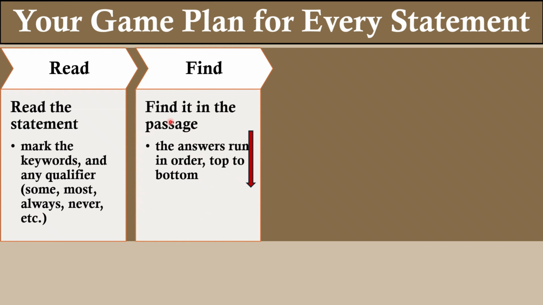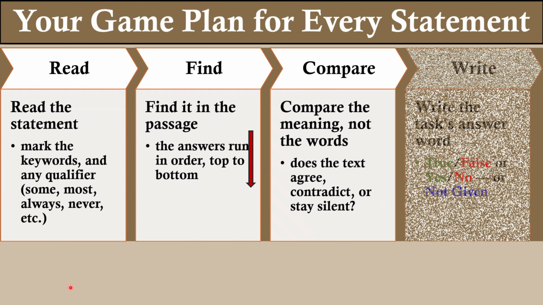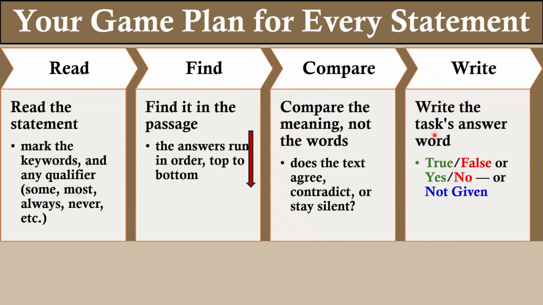Locate that specific part of the passage, keeping in mind that the answers usually appear in the same order as the text. Step 3. Compare the meaning, not just the individual words. Ask yourself, does the text agree, contradict, or say nothing at all? Step 4. Write down the exact answer word required by the task.